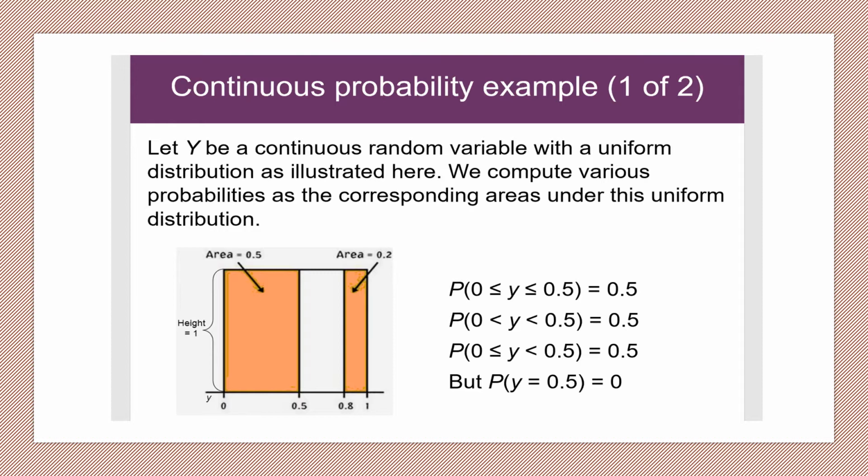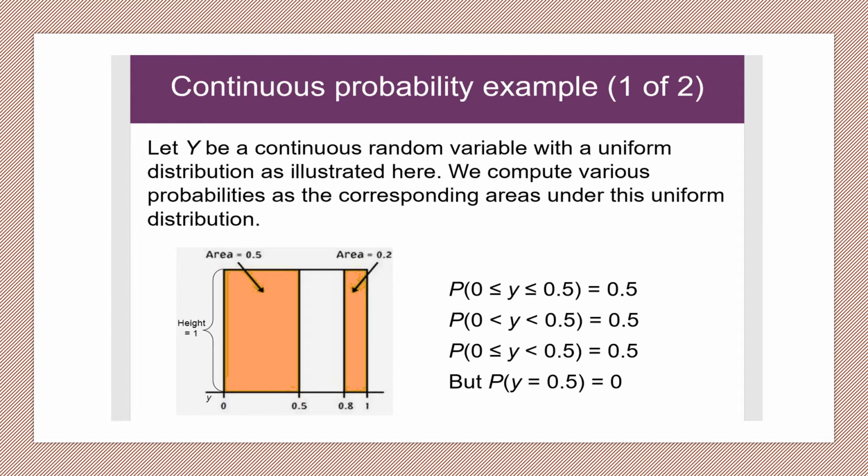When you are trying to find the probability of 0 less than y less than 0.5, it is the same as the probability of 0 less than or equal to y less than or equal to 0.5, because the equality will give you only 0.